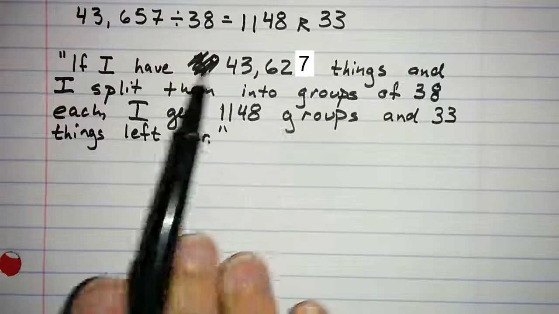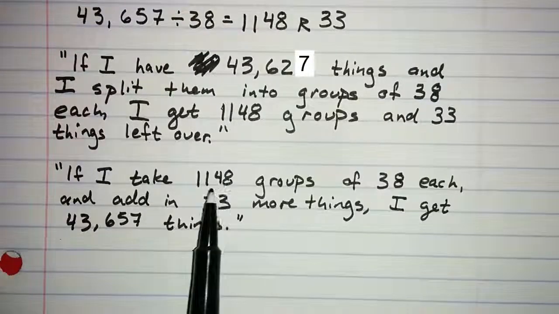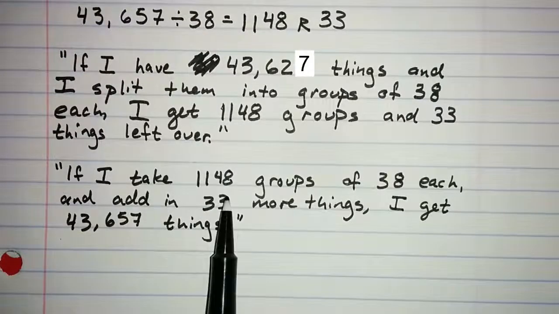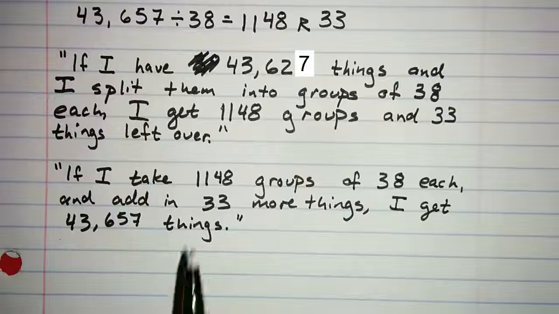Well, this statement is really the same as, if I have 1,148 groups of 38 things each, and I add in 33 more things, I get back to my original 43,657 things.